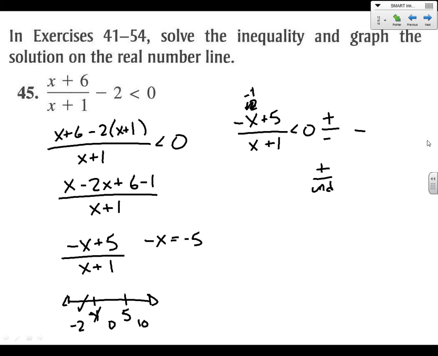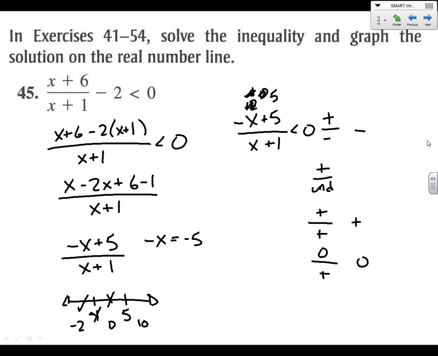0 plus 5 is positive. 0 plus 1 is positive. That's positive. We don't want to be positive. When we plug in 5, we're going to have negative 5 plus 5 is 0 over 6, which is positive. So that's a 0.